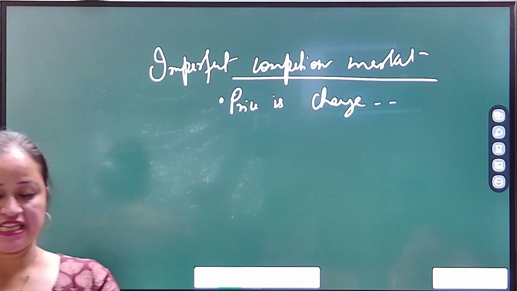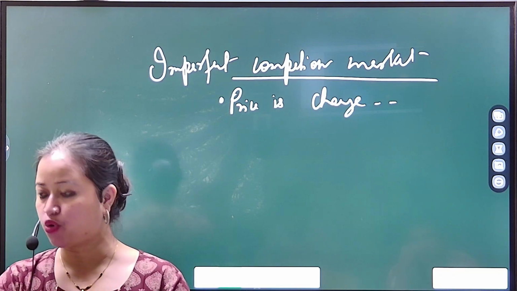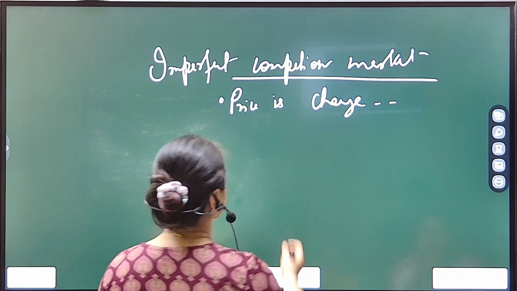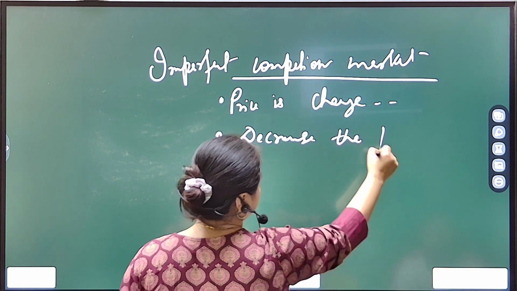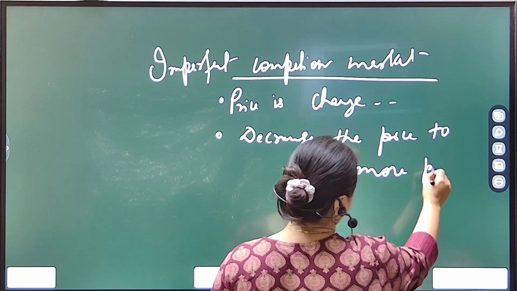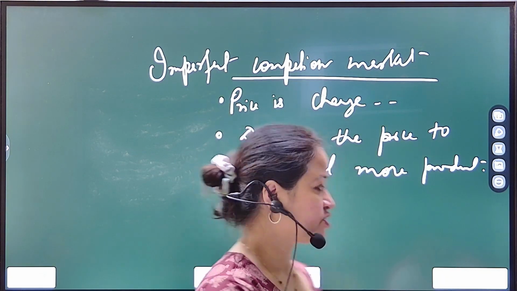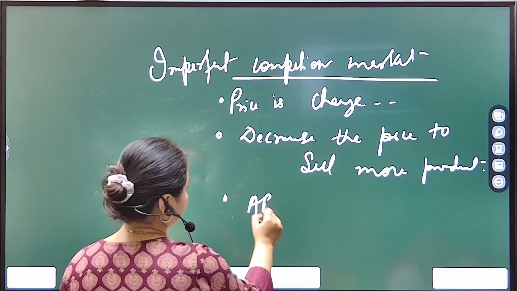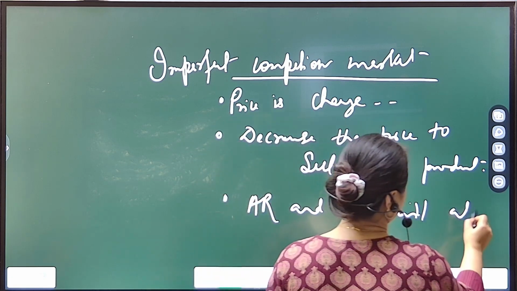So in the imperfect competition market, to capture a bigger share of the market or to sell more goods, the seller, the producer, decreases the price. If they decrease the price to sell more product, in that case AR and MR will also decrease.